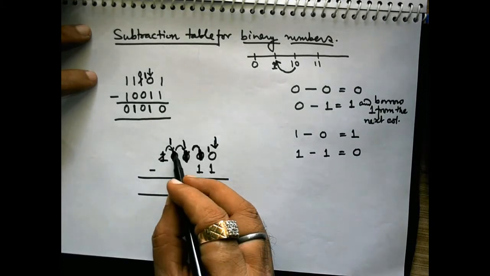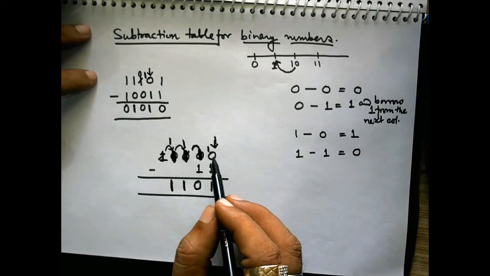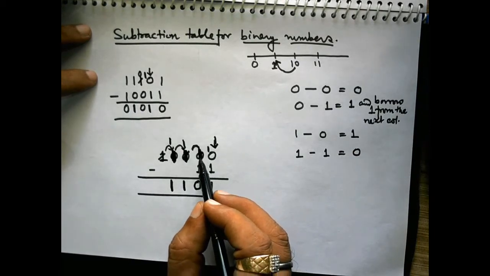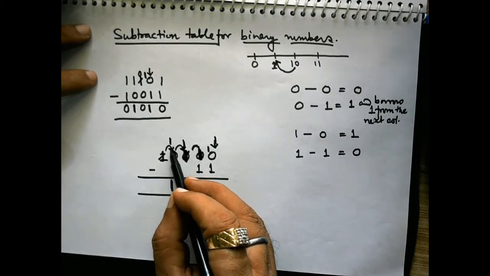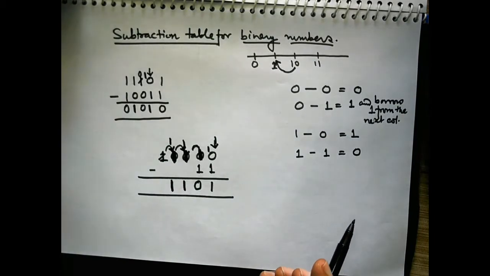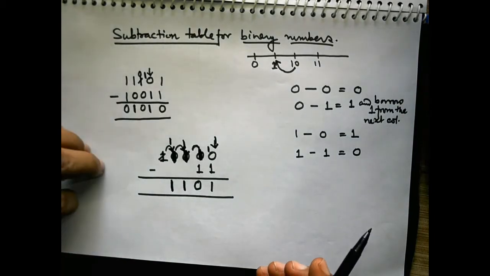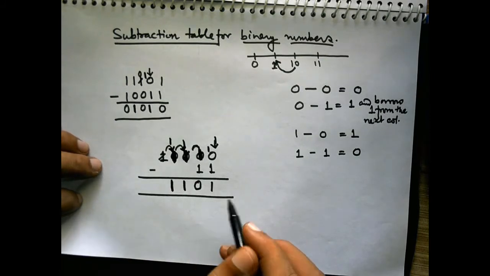I hope you got what I am saying: the borrow propagates from the available column to the next lower columns. So this way you obtain the result 1 1 0 1.